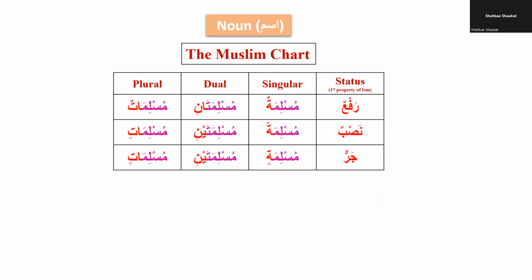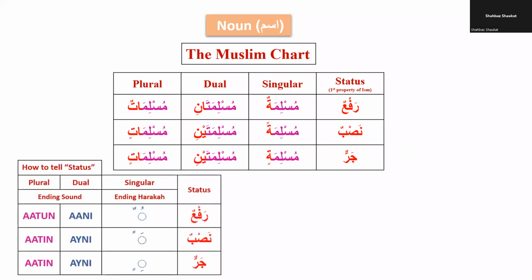Then we went to the feminine Muslim chart, and we went over the rules for the feminine chart. The rules for the feminine and masculine are the same for singular and dual. The only difference is in plural, because in plural, we don't have una sound or ina sound at the end in feminine gender. Rather, it is atun, like muslimatun.